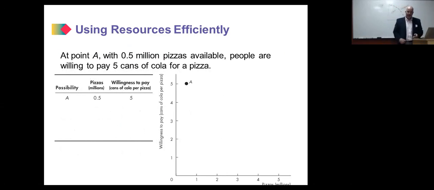All right, so at point A, with 500,000 pizzas available, people are willing to pay 5 cans of cola for that pizza.